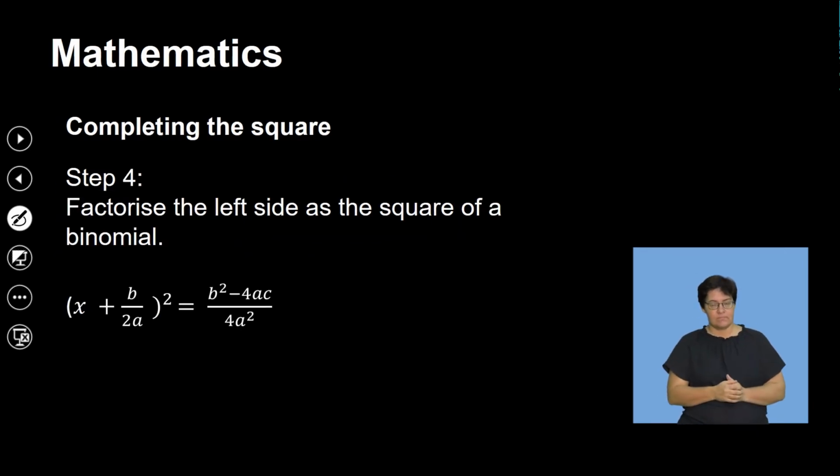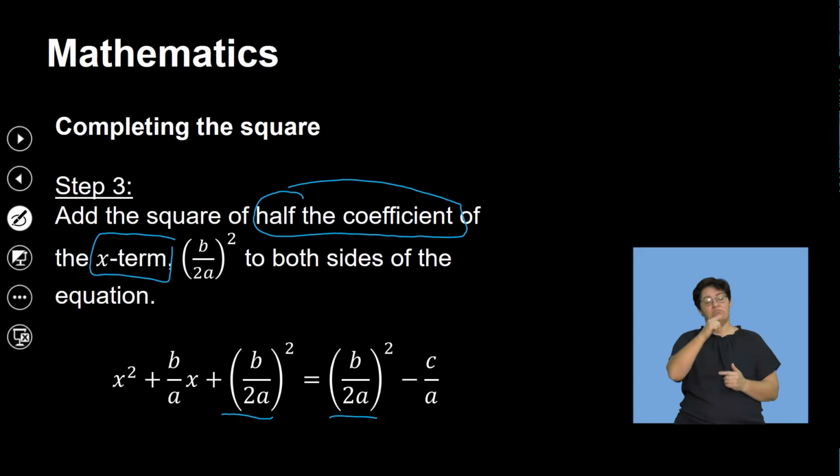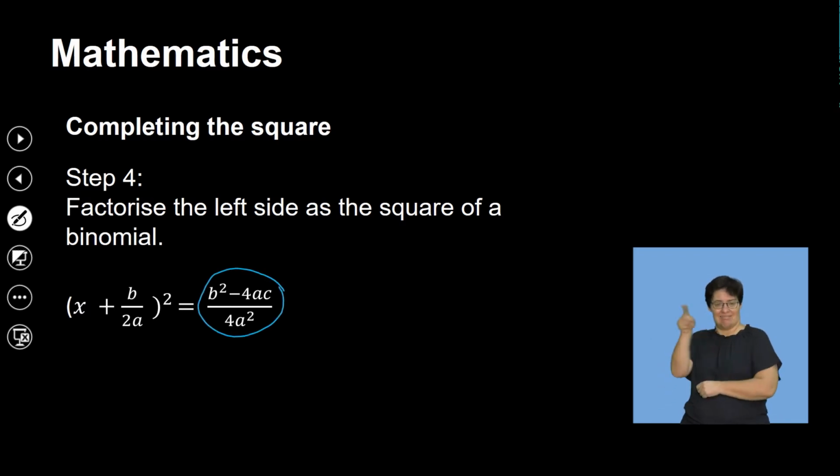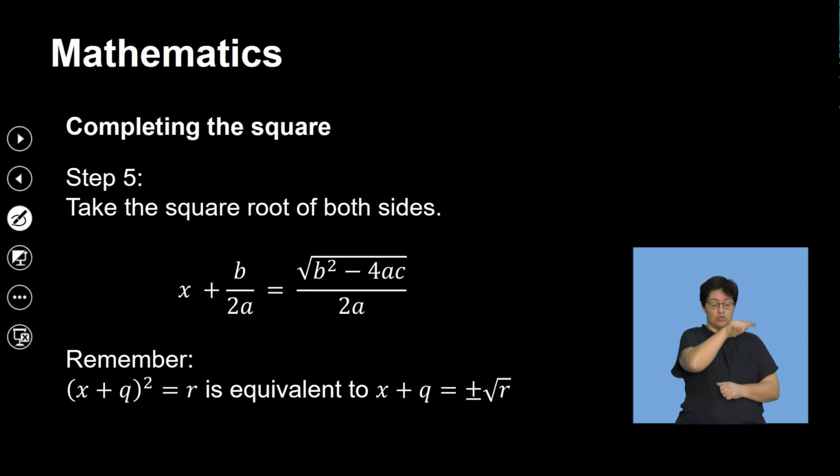Now, the last step will be factorize the left side as a square of a binomial, right? So if I go back to this, if I factorize this, I will take whatever is squared there, put it in brackets and then square it outside. That's just a short way of explaining it. So if you factorize the left-hand side, it will then be that. Then the right-hand side, if you simplify it, it will then give you that. But from here you need to take out a square root on both sides. If you take out a square root on both sides, remember, it must be plus or minus.